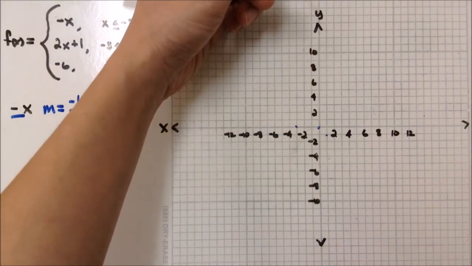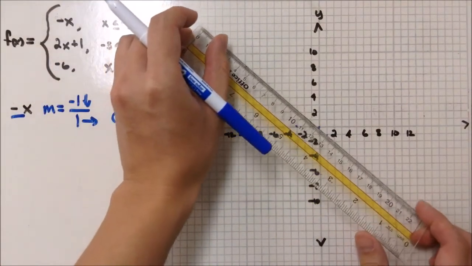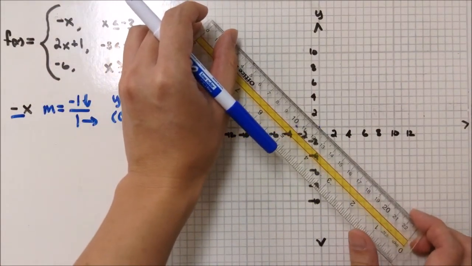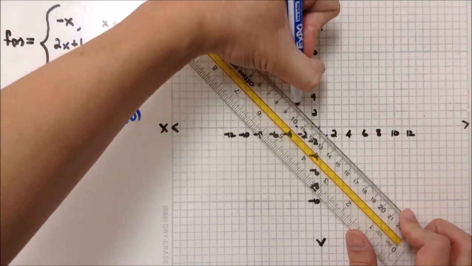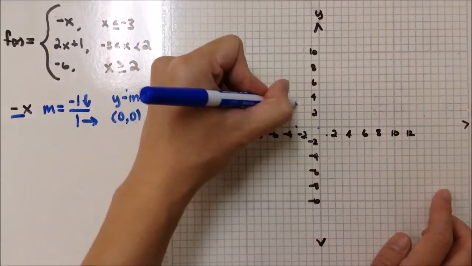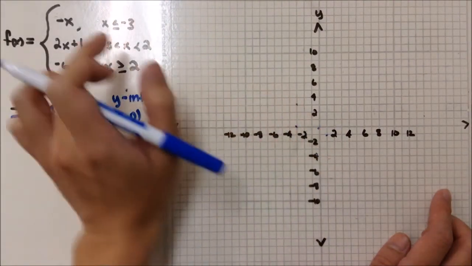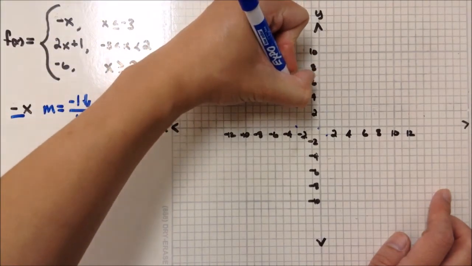Now, if I get a ruler, I can see what the graph will look like. So, diagonally, right here. So it's going to start right here. Now since it's less than or equal, that means it's going to be a closed circle.